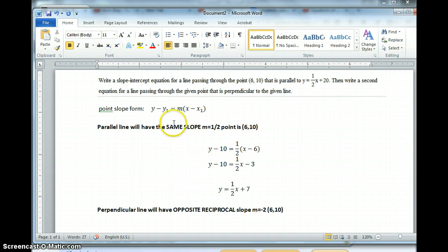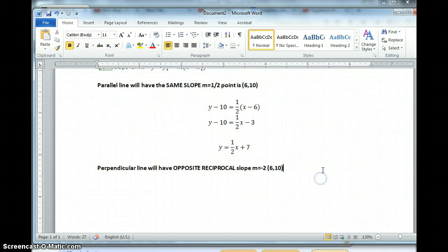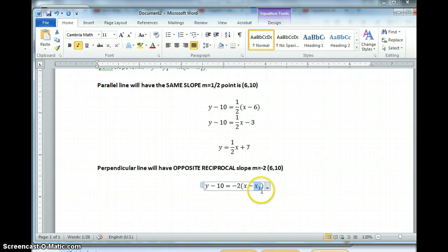So again, I take this point-slope form, and where I see y1, again I put 10. My slope here for the perpendicular line is negative 2 over 1, or just negative 2. X minus x1 is also 6. Now again, distribute the negative 2.